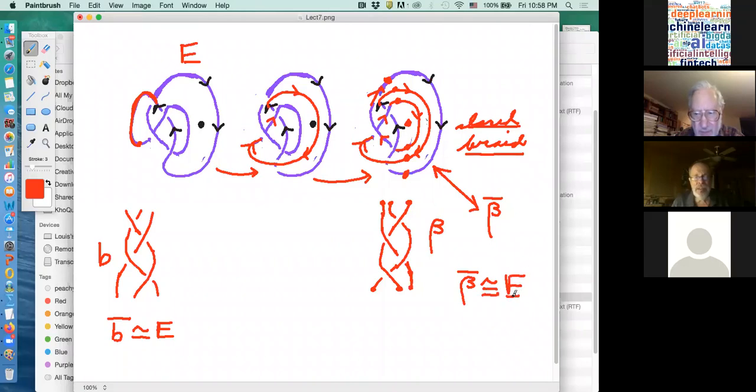But of course, we did some isotopies from beta bar to get to B. We did these isotopies, and we did some isotopies to get to there as well. So there were some isotopies floating around. But if you were to just close these two together, you might get a hint about what happened here. Let's see. Yes, I see. All right. So let's compare directly the closure of B and the closure of beta.